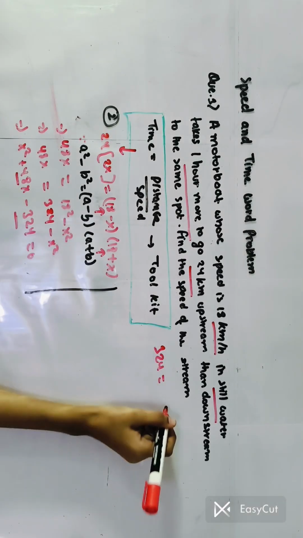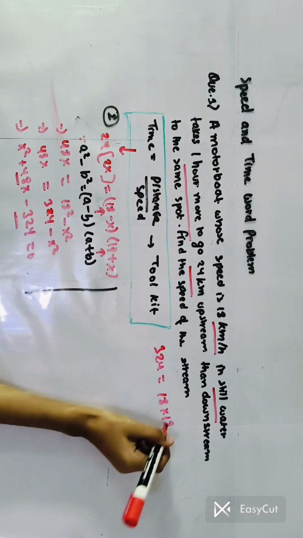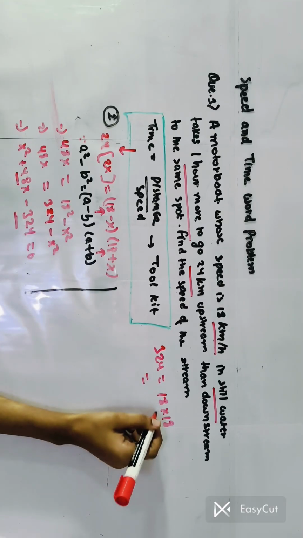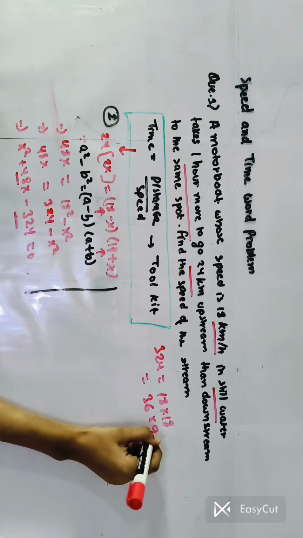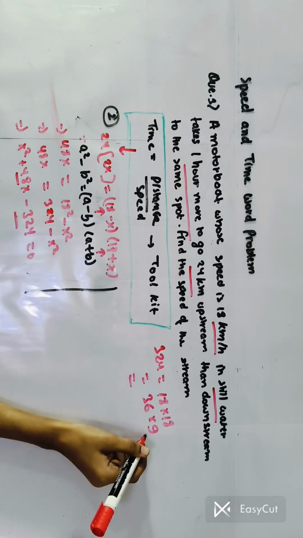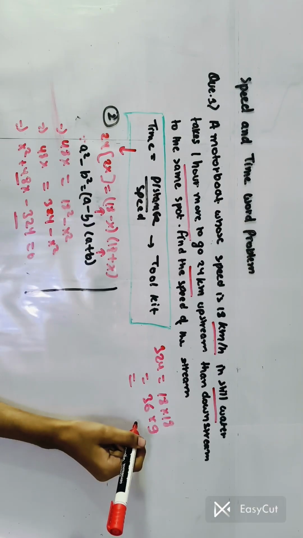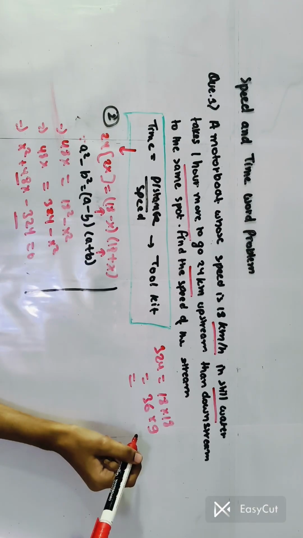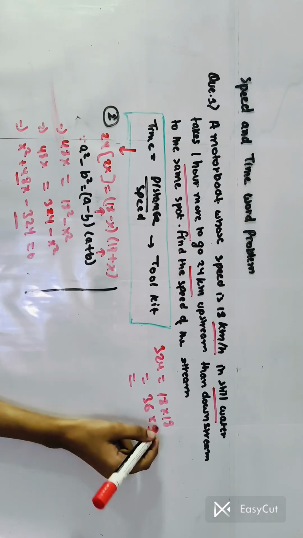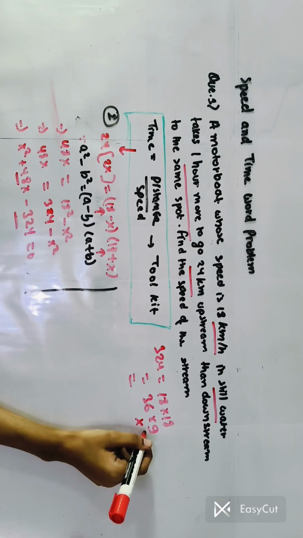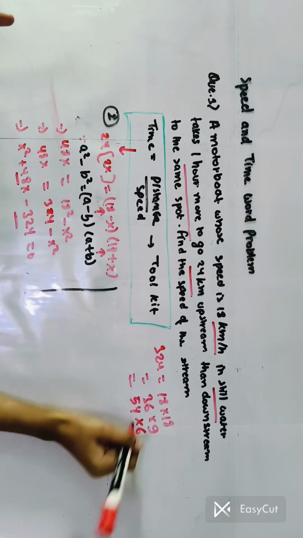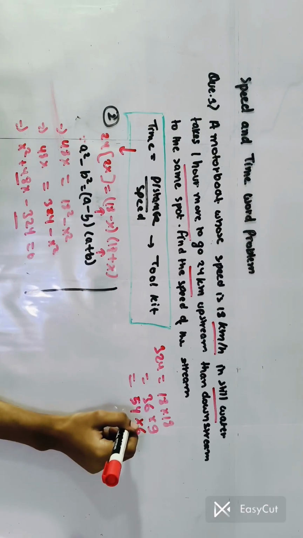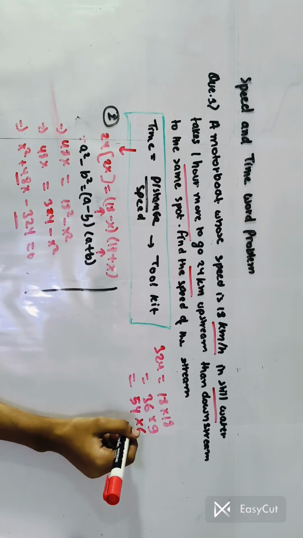So 324's LCM is equal to 18 into 18, which can also be written as 36 into 9, which can also be written as, let's transfer 1 3 here, or we can just take out the 3 from this, so 3 6 are, and it will be 54. Yeah, I definitely not cheated from somewhere else.